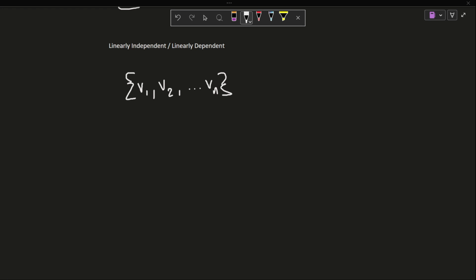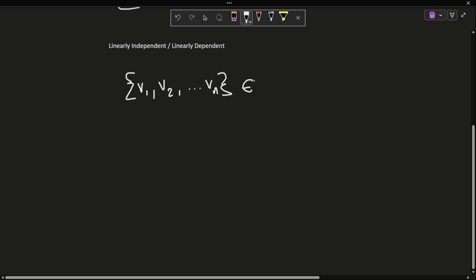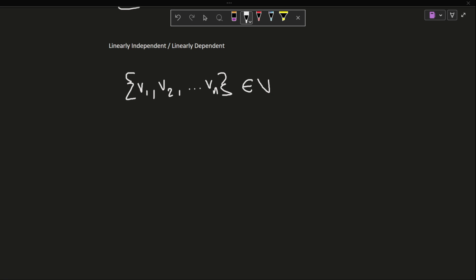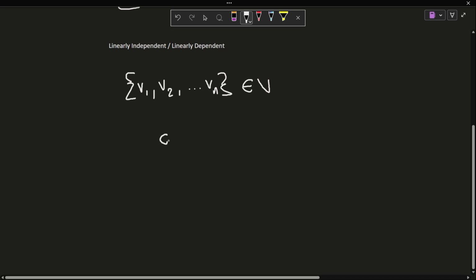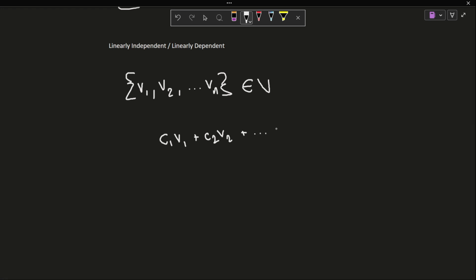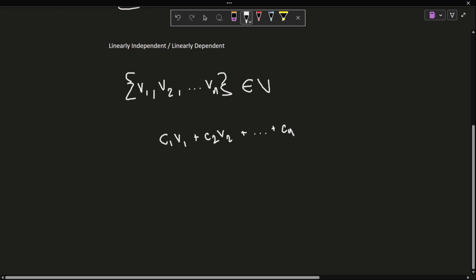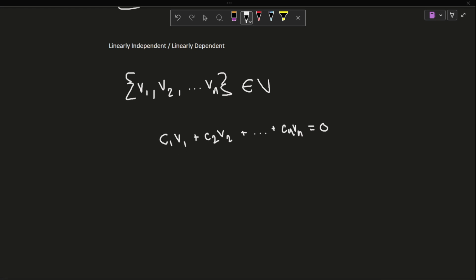This set of vectors, which belong to our vector space V, is linearly dependent if there exist scalars such that c1 v1 plus c2 v2 plus ... plus cn vn equals 0, where not all of the c's are equal to 0.